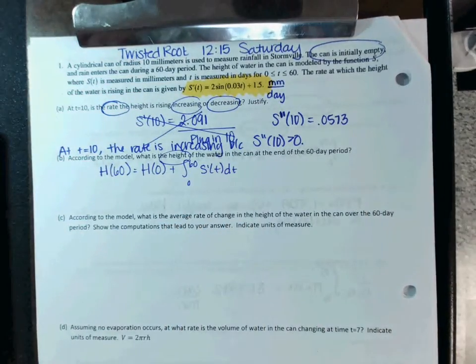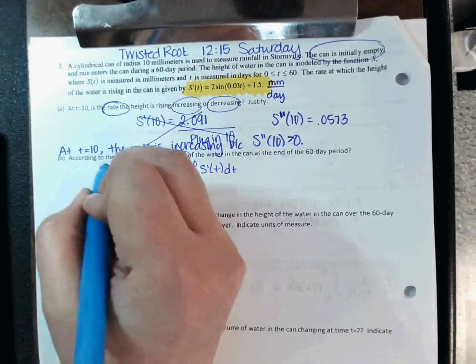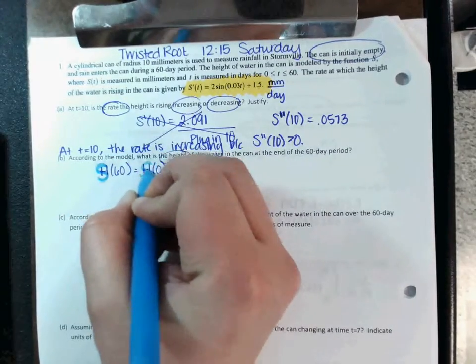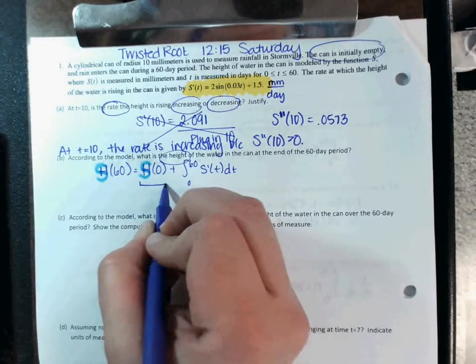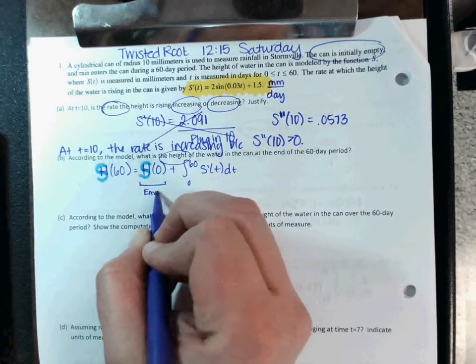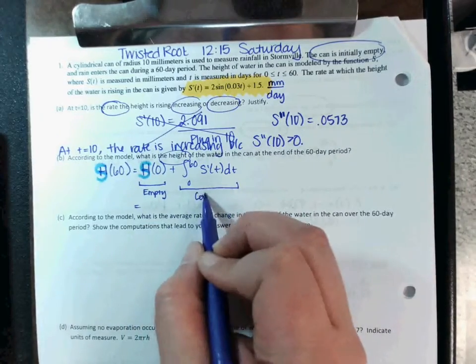And then maybe it would be better to use the same letter, so I'm going to change those h's. This is an s prime. I don't know why they picked s. Seems like h would be better, but whatever. I want to make those match. So if it's an s prime on the inside, it should be regular s on the outside. And then from there, if it started off empty, I end up not really needing this. So you just integrate that in the calculator.